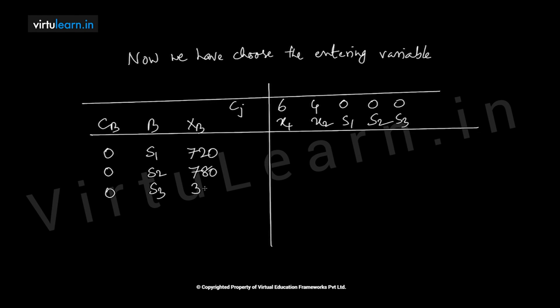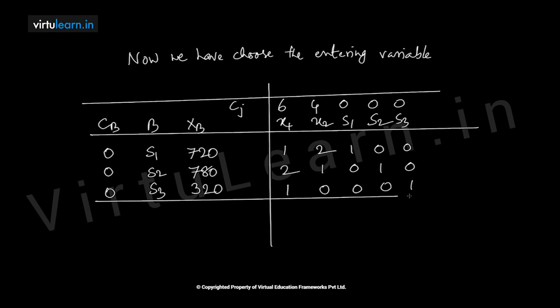And now we'll write the same coefficients as we have taken from the problem earlier, based on the constraints, where we have converted them into equalities or equations. Our purpose of writing this is only to find out which variable has to enter. Let's see how we are going to work on this.